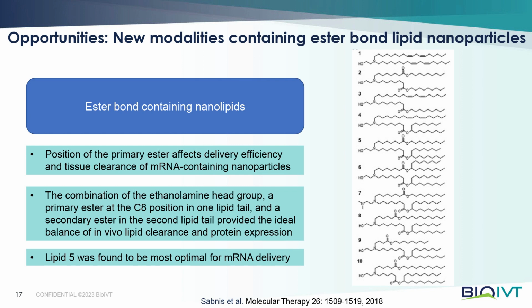And they looked at a variety of these to see which ones would help release the payload, usually an mRNA in this case, from the nanoparticles. And it turned out that for whatever reason, this number 5 here was ideal for delivering the mRNA in a variety of different modalities.